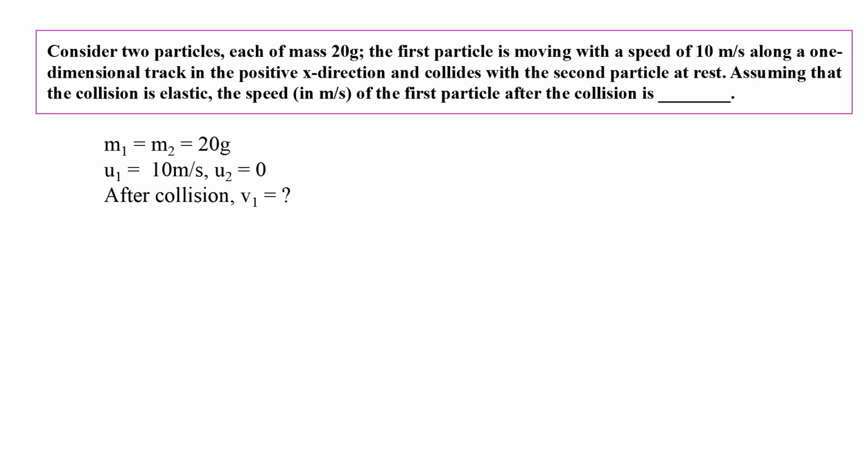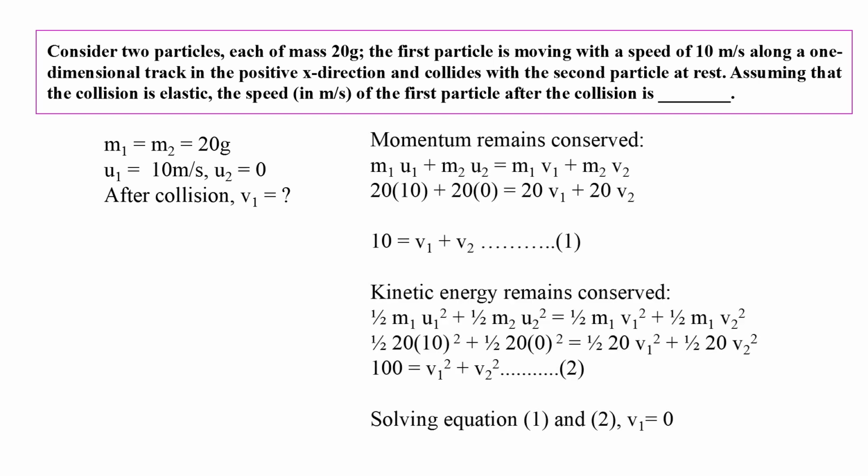So after collision, v1 will be equal to what? Now, because it is given that the collision is elastic, momentum will remain conserved and kinetic energy will also remain conserved. So when momentum is conserved, m1u1 plus m2u2 is equal to m1v1 plus m2v2.